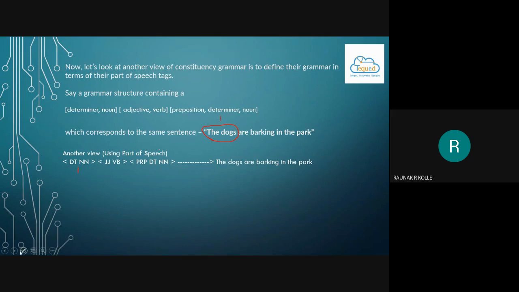Let's name it as one, and we associate it with the color red. Then we have the adjective and the verb, which we describe with the number two. From the sentence, are barking would be the adjective and the verb.